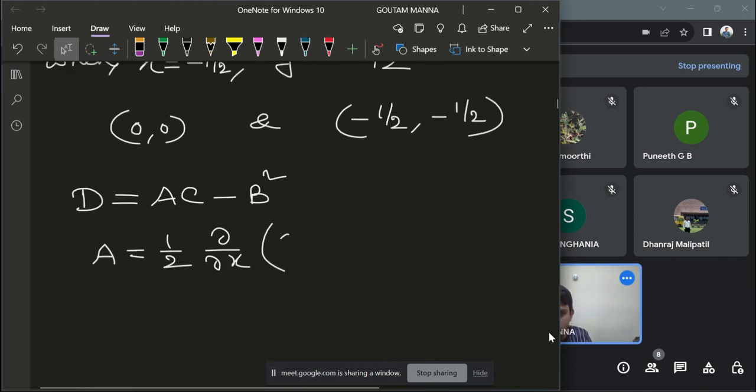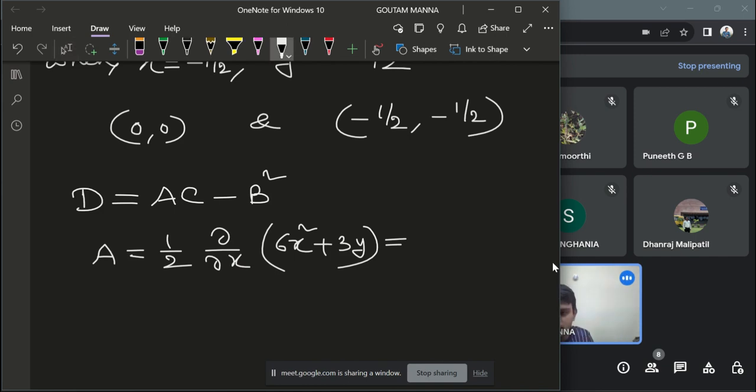So del x of this whole quantity will be 12x, and there is a half here, so it will be 6x.